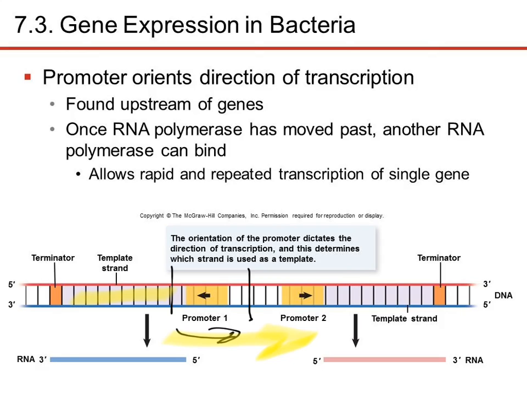So no matter what, even if you change the directions, it's always 5 to 3? Yes, if you flip it around, it's reading the other strand as the template. You got it, because of the nature of RNA polymerase. That's a great question, Wade. Over here on this template, the way they've shown it, this is the 5' end, and this is the 3' end down here. On this RNA, the 5' end is here, the other is here, and so they've labeled the strands. In the case of promoter 1, the red strand is being used as the template strand.